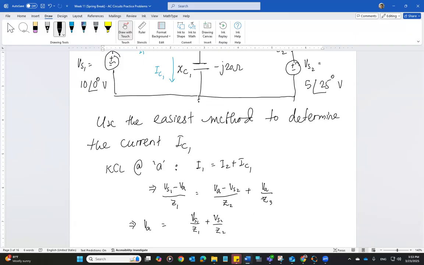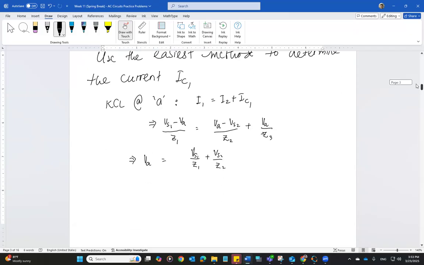And then on the right side, I have VA over Z1, VA over Z2, plus VA over Z3. So when I take VA out as a common factor, I will be left with 1 over Z1 plus 1 over Z2 plus 1 over Z3. And that is going to give me my VA.